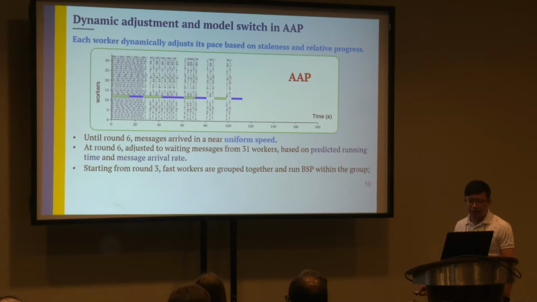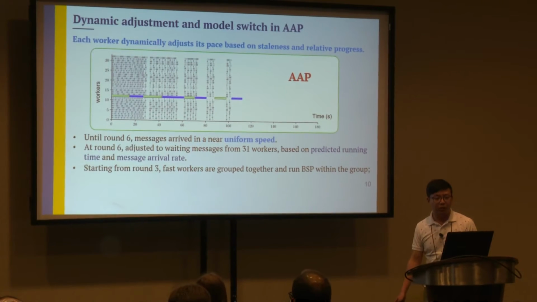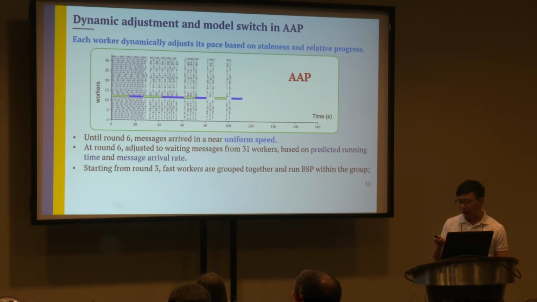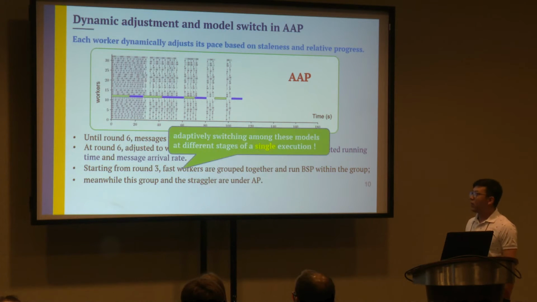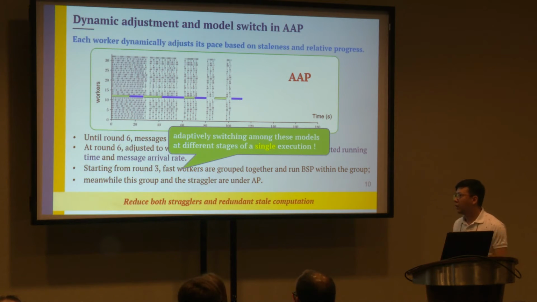And starting from round 3, the faster workers are grouped together and run BSP within the group. Meanwhile, this group and the straggler are under AP. So we can find that AAP adaptively switches among these models at different stages of a single execution. Hence, it reduces both stragglers and redundant stale computation.